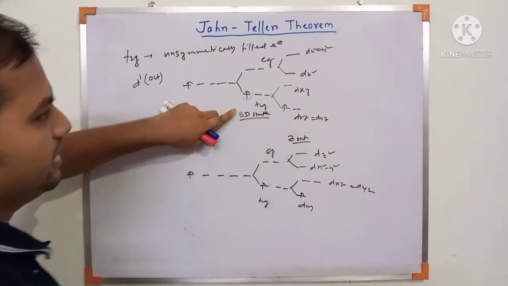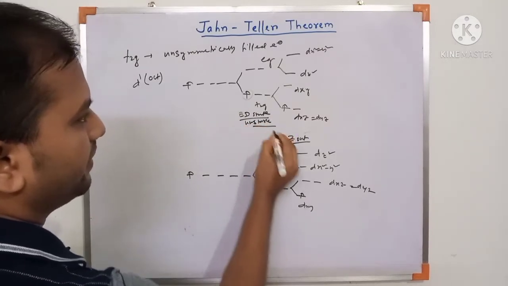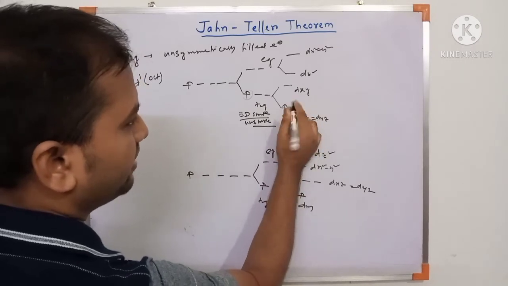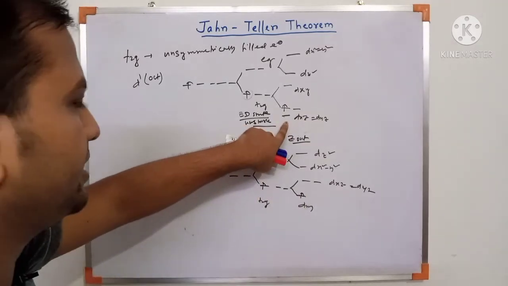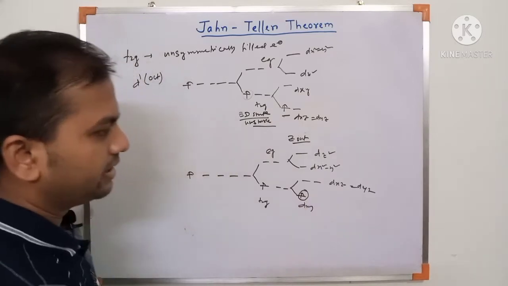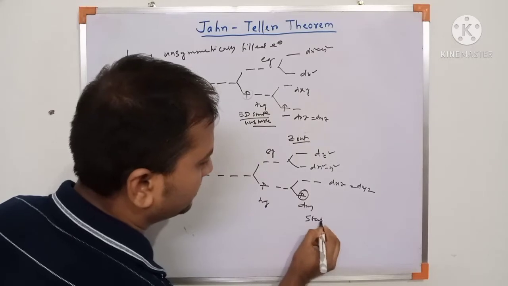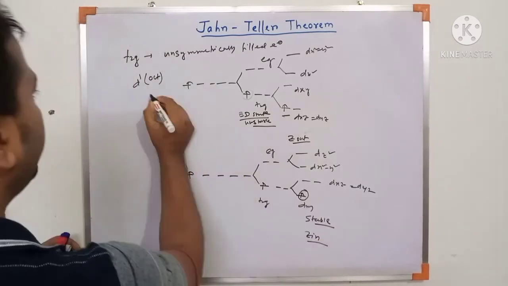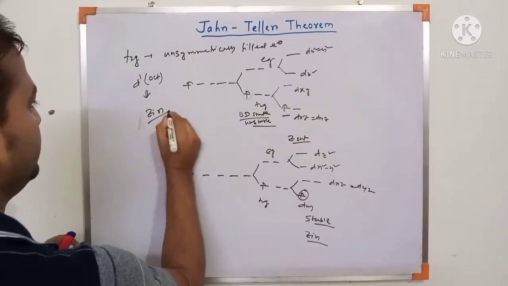We know t2g is unsymmetrically filled, so this is an unstable state, and it is electronically degenerate because one electron can sit in either of two degenerate orbitals. This is also unstable, but in this other case there is an electronically non-degenerate state. So this is the stable state, and the form is Z-in. So d1 octahedral is Z-in type.